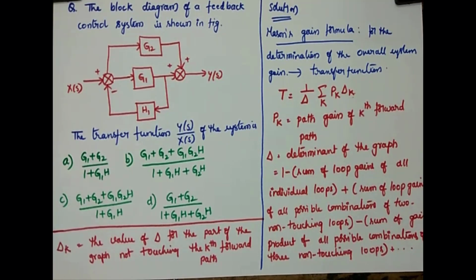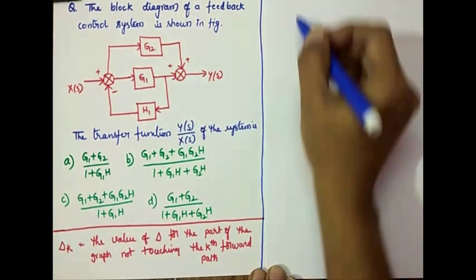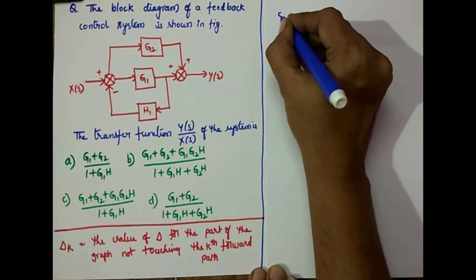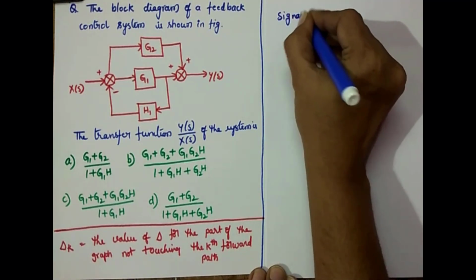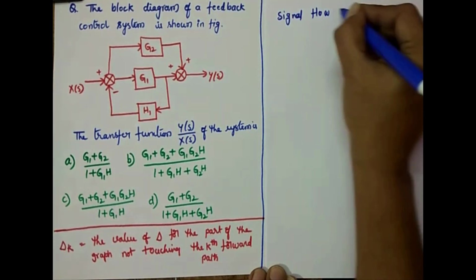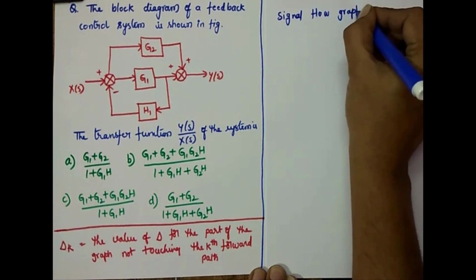Okay. You can understand Mason's gain formula and how to apply it by taking a feedback control system. So now I'll see our problem. Let me draw the signal flow graph for the given system.